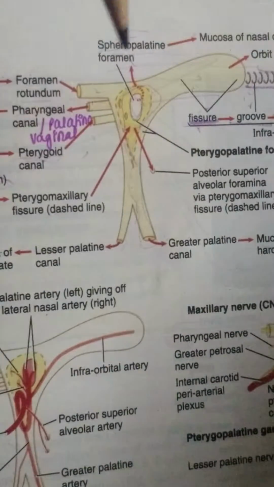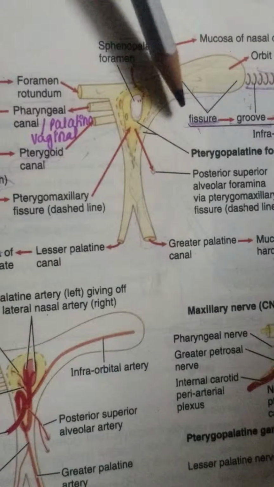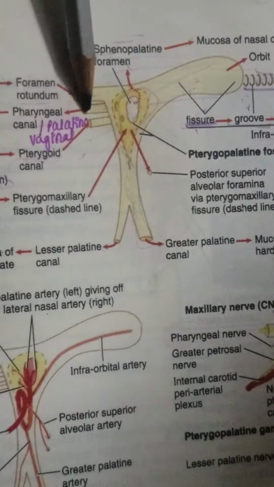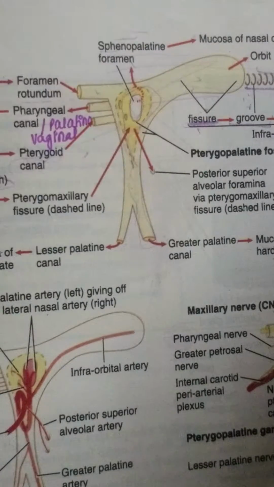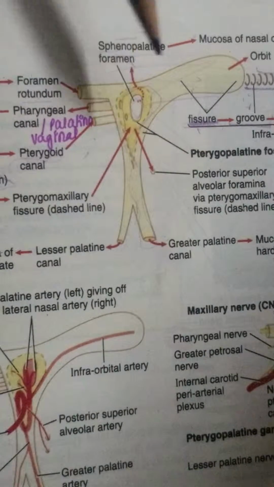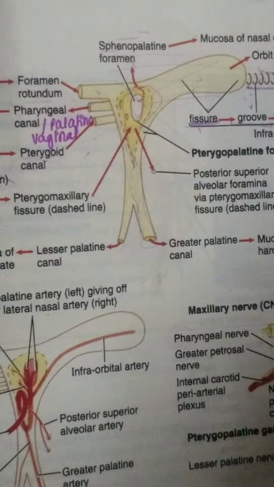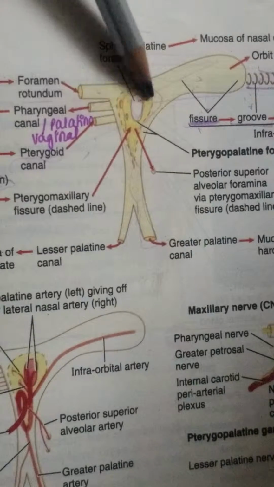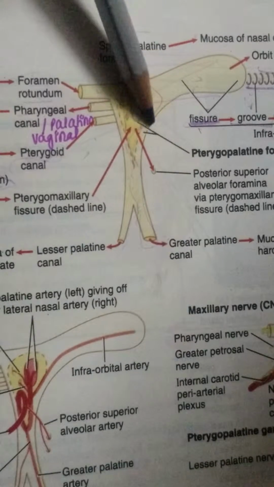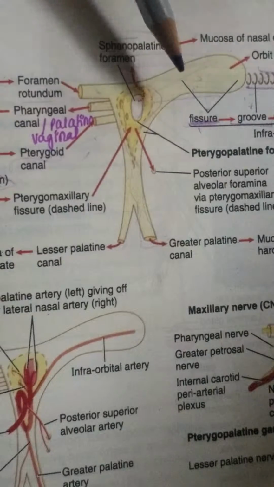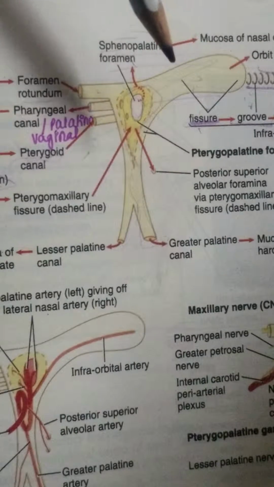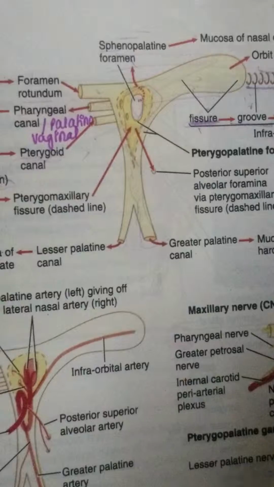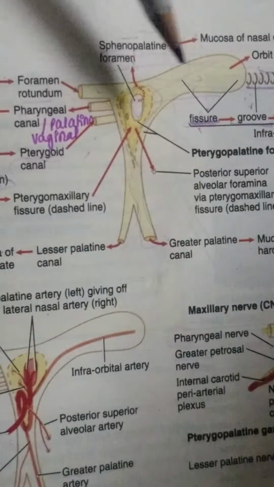There are actually 5 communications of the pterygopalatine fossa: the anterior communication, the posterior communication, inferior communication, and there is median communication and lateral communication. First of all I'm going to do the anterior communication. As I said earlier, we can mark the anterior boundary by the orbit.